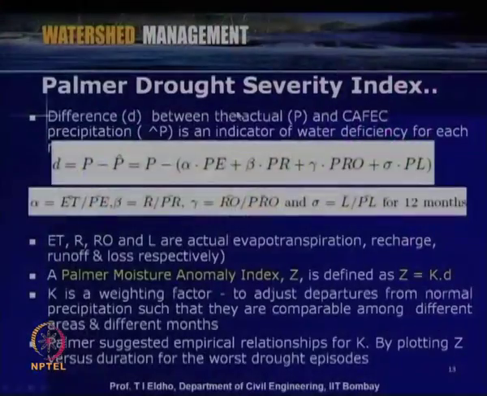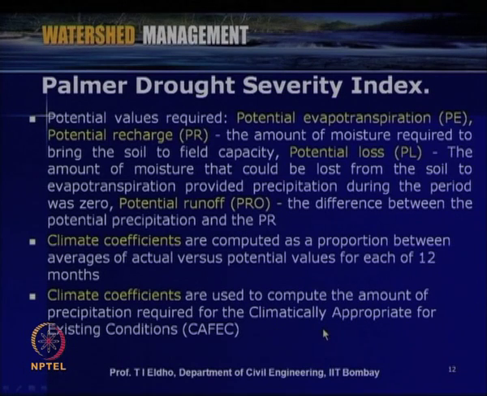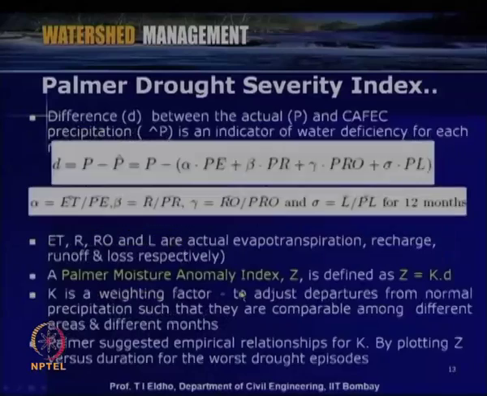Here this Palmer severity index is obtained from these equations. The difference d is between the actual P and the CAFEC, the climatically appropriate for existing conditions, precipitation P hat, which is an indicator of water deficiency for each case. So, d = P - P hat, which is equal to P - (alpha Pe + beta Pr + gamma Pro + sigma Pl).